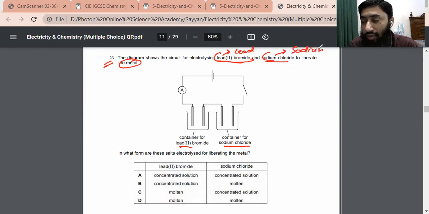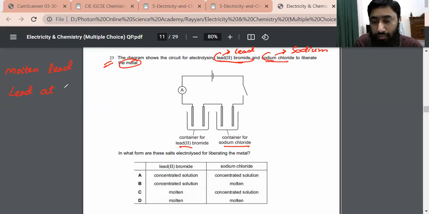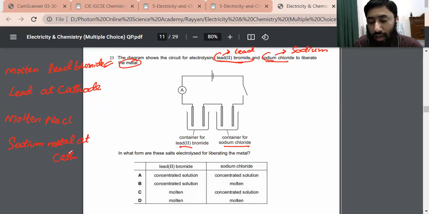And this happens only when it is molten, because in case of molten lead bromide we get lead metal at the cathode, and in case of molten sodium chloride, we get sodium metal at the cathode. This happens only when we have molten NaCl and molten lead bromide.